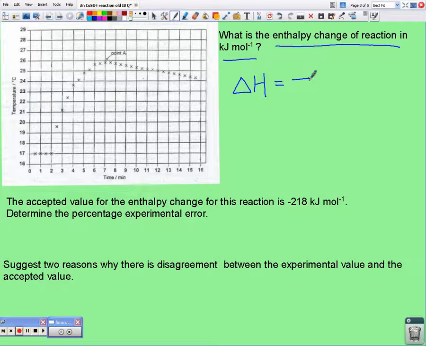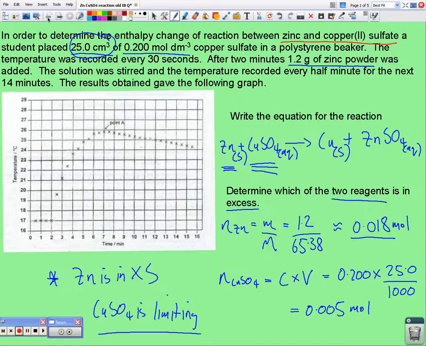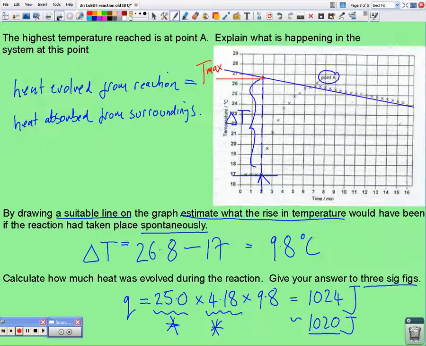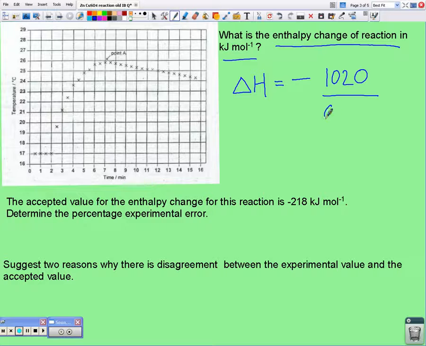We know that the energy evolved was 1020 joules, and going way back to the start, if you remember, it was the copper sulfate that was limiting, and there was 0.005 moles of the copper sulfate, so that's what we should be dividing by.